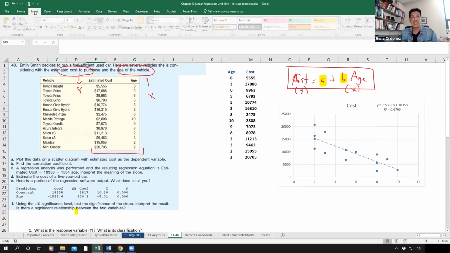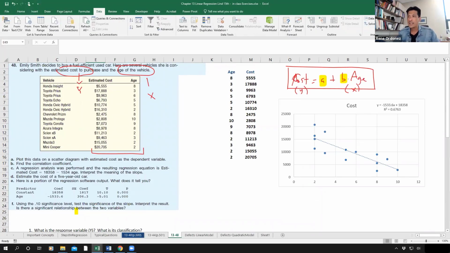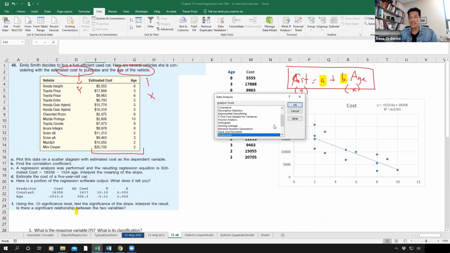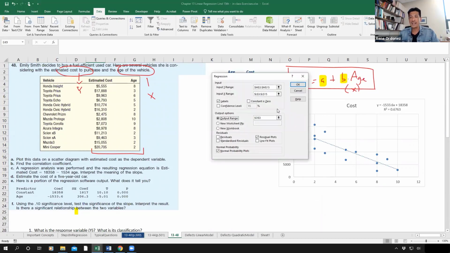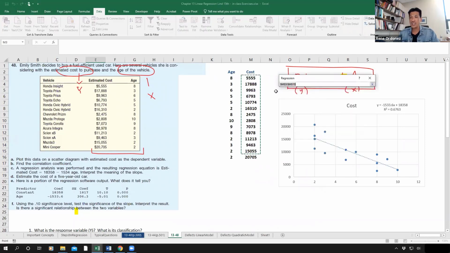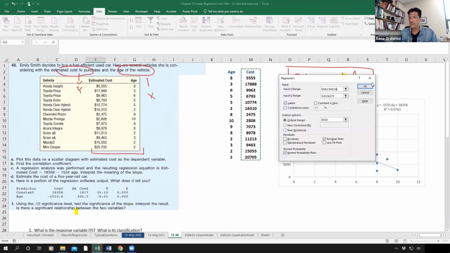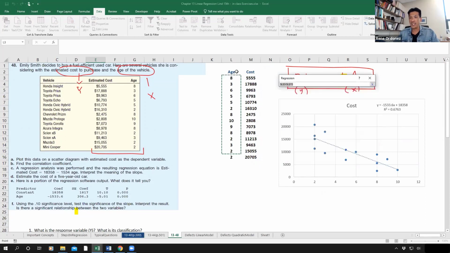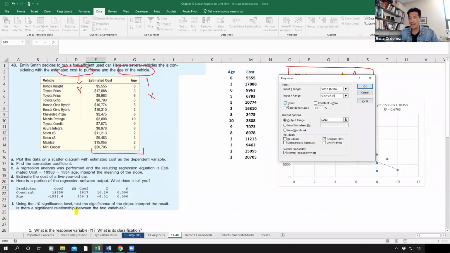We'll select data analysis, regression, click OK, and then we identify the Y range. The Y is the cost, right? And the X range would be age. I included the labels in the ranges for X and Y, so make sure that is selected.